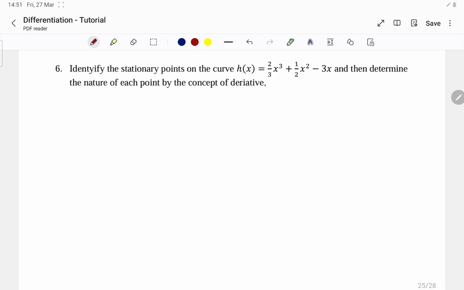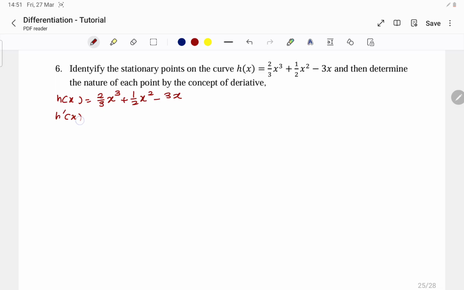Okay, question 6, they say identify the stationary points on the curve h(x) and then determine the nature of each point, which is similar to the previous question, no? So the first step is differentiate first. We have h(x) is equal to 2/3 x to the power of 3 plus 1/2 x squared minus 3x.